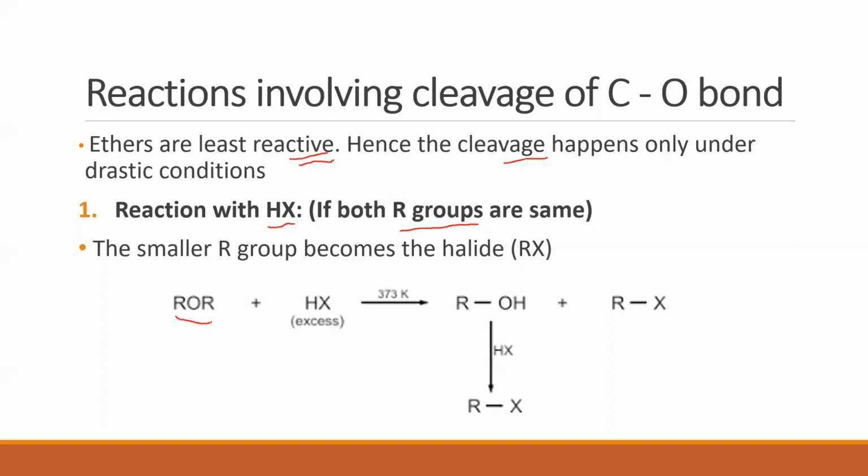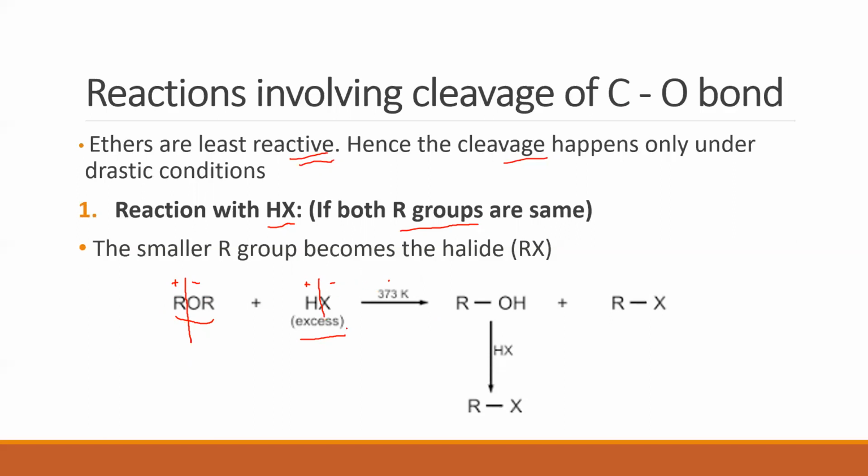So I have an ROR reacting with HX. If it is taken in excess at 373 Kelvin, what happens is the bond between carbon and oxygen is cleaved. This becomes R plus, this becomes OR minus. Same way, HX cleaves, this becomes H plus, this becomes X minus.